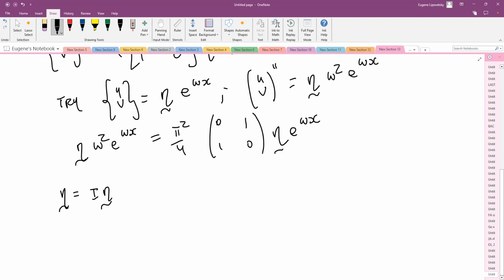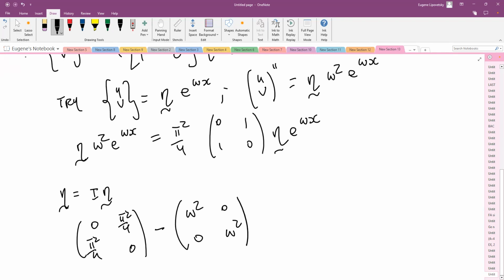So we'll have the matrix 0, pi squared over 4, pi squared over 4, 0, minus the diagonal matrix of omega squared, omega squared, times eta equals 0, 0, because e to the omega x is never 0.